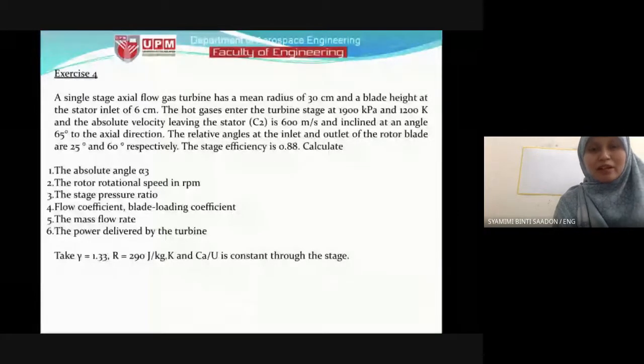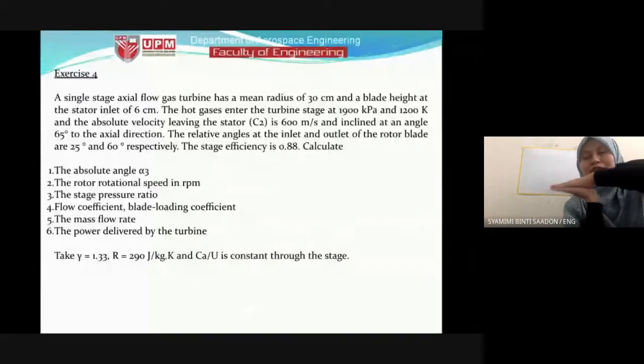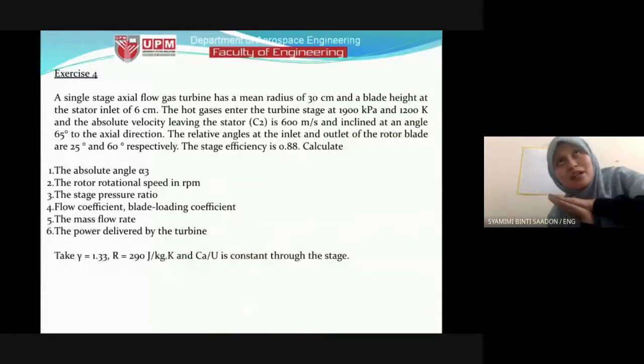It means it is a bit inclined, not directly horizontal. If the fluid enters horizontally, alpha will be 0, no angle. But here it is inclined at 65 degrees. So this is alpha 2, the 2 because of the position at the rotor inlet, and alpha because it relates to the absolute velocity.